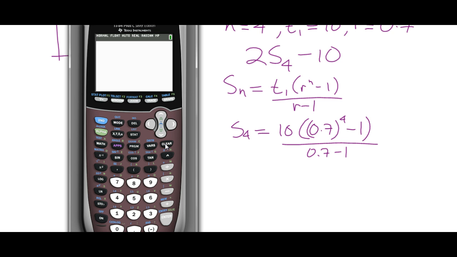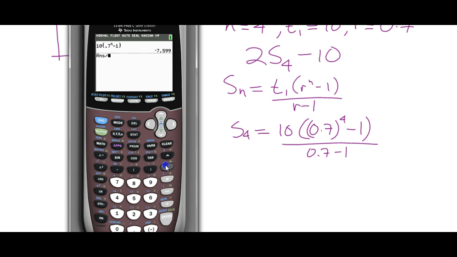Now either I work out the top separately and then divide it by negative 0.3, or I could do the whole thing at once. For me, I'd rather work out the top separately, it's easier. 10 times 0.7 to the 4, minus 1.